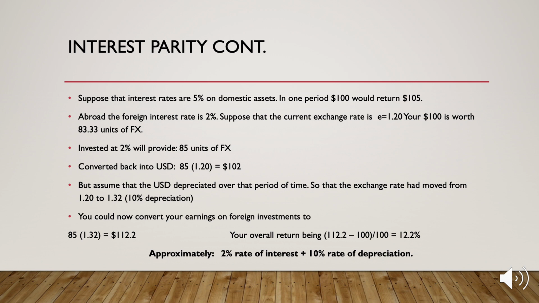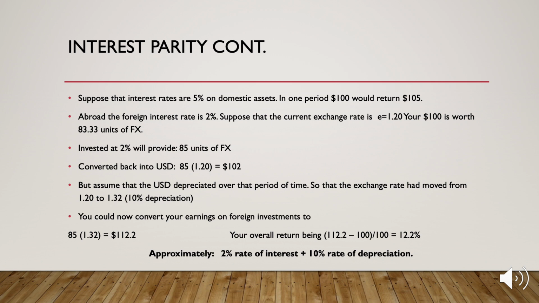But before we get that far, let's just do a simple numerical example of the aforementioned dynamics and equation. Suppose that the interest rates are 5% on domestic assets, and you want to potentially invest for one period $100. So the domestic rate of return on that $100 investment would be $105 one period in the future.